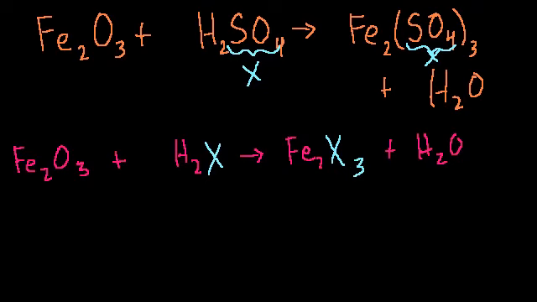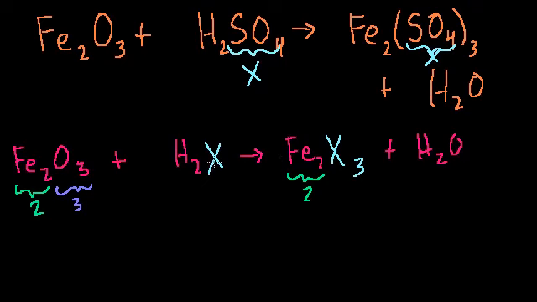So let's see. On the left-hand side, how many irons do we have? We have 2 irons here, and we have 2 irons there. So the irons look balanced at first glance. Let's deal with the oxygens. We have 3 oxygens here, and we only have 1 oxygen here.